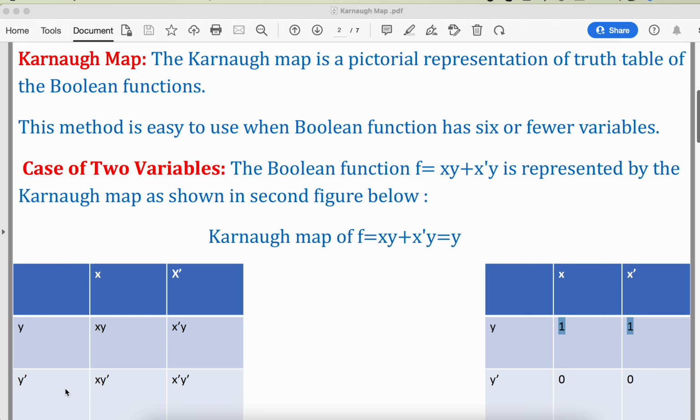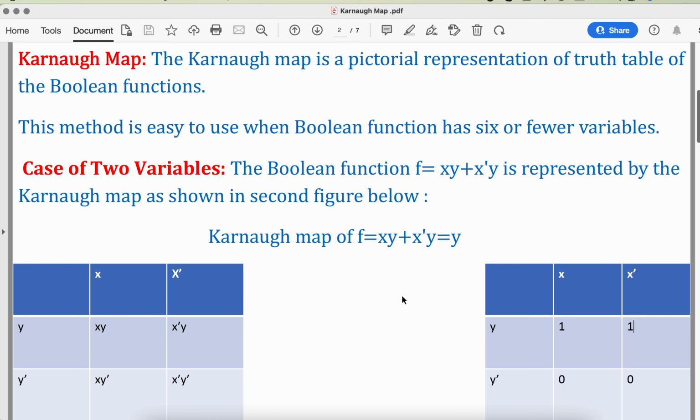Here the number of variables is 2, so number of squares is 2 square means 4. So first of all we will construct a table. So x into y is xy, x into y dash is xy dash, x dash into y is x dash y, and x dash into y dash is x dash y dash.